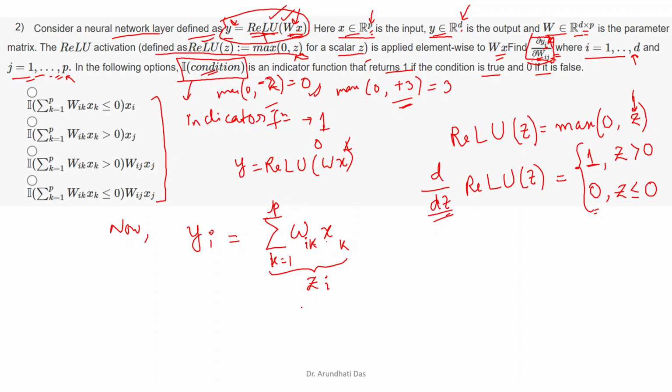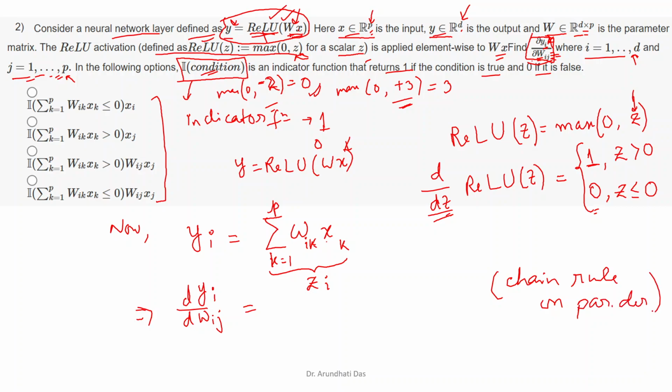Now I will take the derivative with respect to wij for this yi only, but I will apply the chain rule for taking the partial derivative, because this one I have assumed as zi, correct?